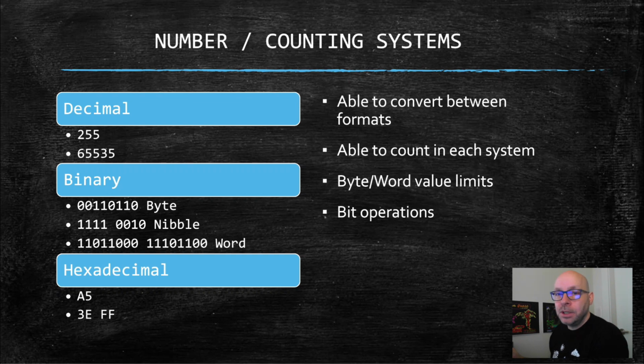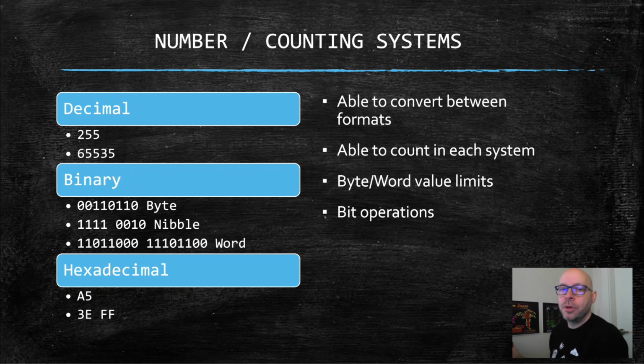However, with assembly language, we need to also be familiar with these other 2 types of counting systems, which are binary and hexadecimal. And so if we take a look at the regular decimal examples I've shown here, I've got the number 255 and 65535 listed here.